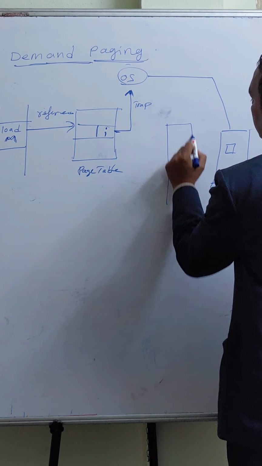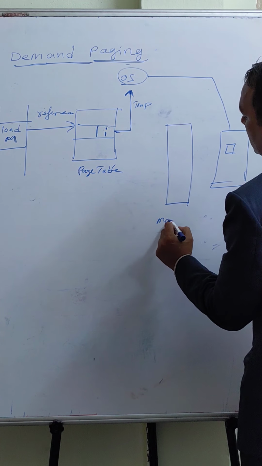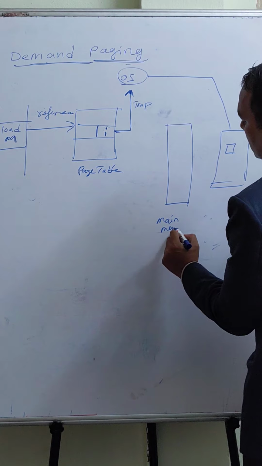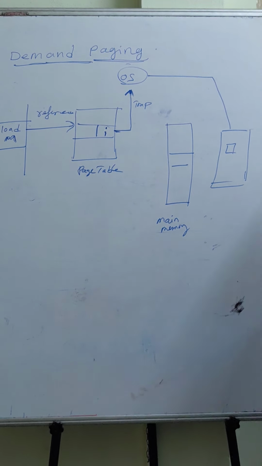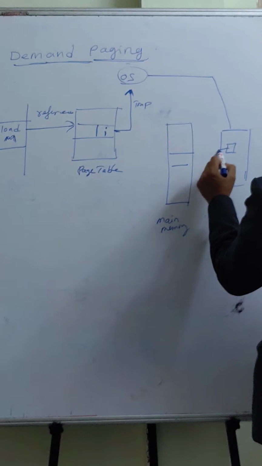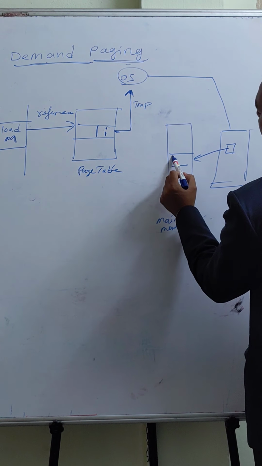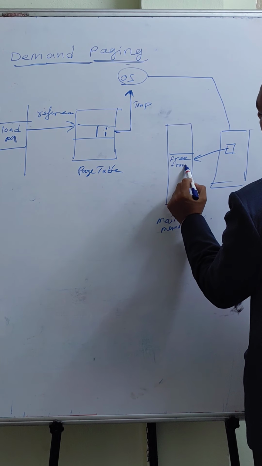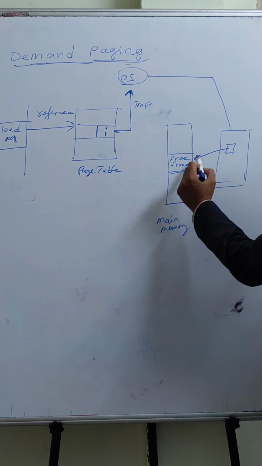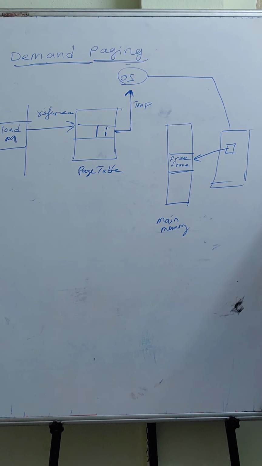Suppose this is the main memory. If this location is free, then this will be loaded. This is a free frame. Then this is brought here.